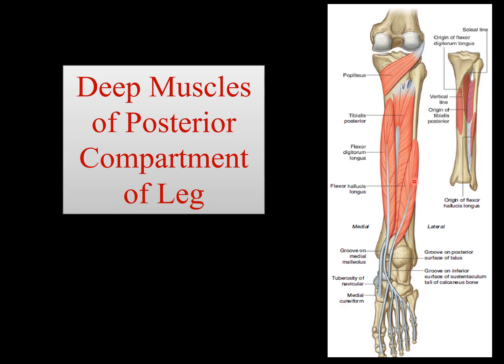Flexor hallucis longus takes origin on the lateral side, and flexor digitorum longus takes origin on the medial side posteriorly, and in between them is the tibialis posterior. That is the location of tibialis posterior. And this is the origin point of these muscles. Here you can see the origin of tibialis posterior also, over here digitorum and hallucis.